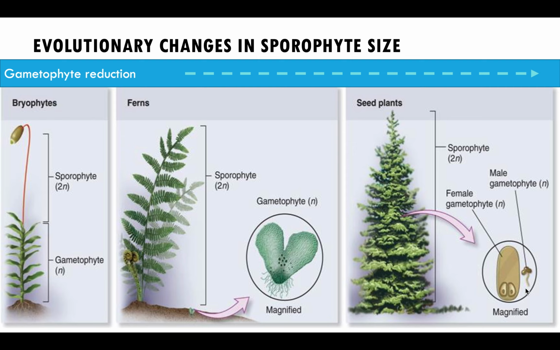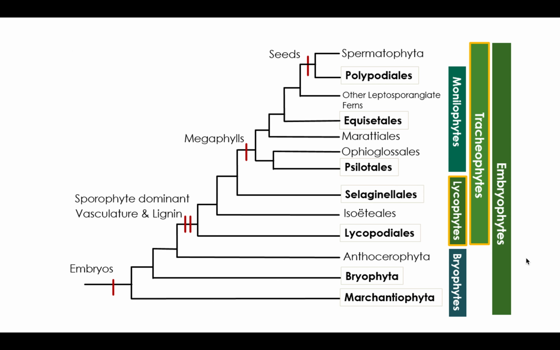So pollen grain, just a couple cells large, and the egg cells are really, really tiny. Okay. So again, here you can see in bryophytes, the sporophyte and the gametophyte, but now in ferns, your sporophyte's getting huge. In seed plants, your sporophyte is giant, could be as big as a sequoia tree, right? And the gametophyte's just really small in both of those groups.